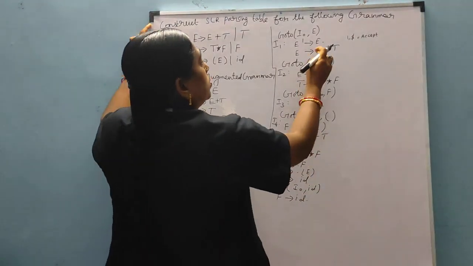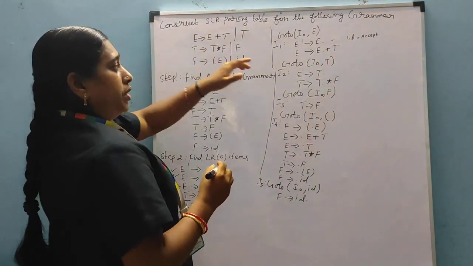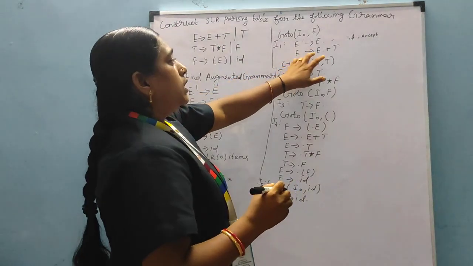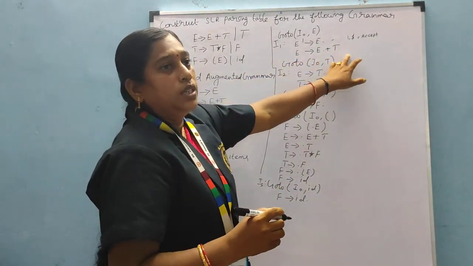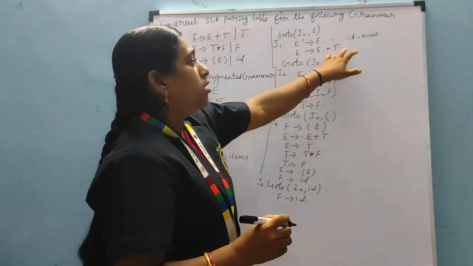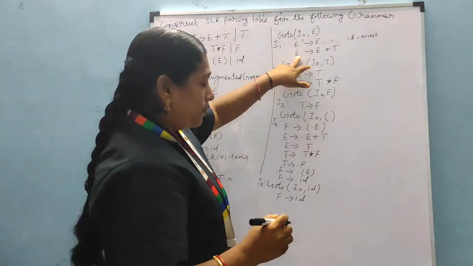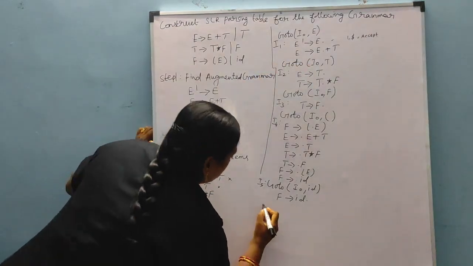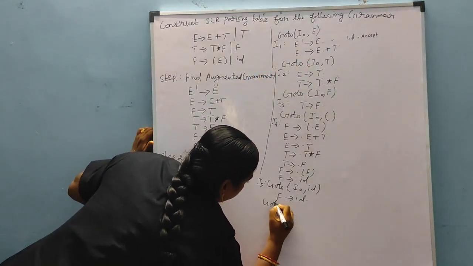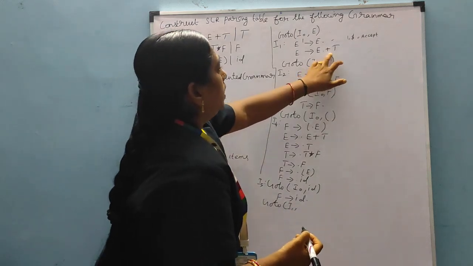Okay. So see the next production. This one I said. Okay. So see the next production. E tends to E dot plus T. This dot does not reach the end. So now we can take the state I1. So go to I1 comma, what is the value here?